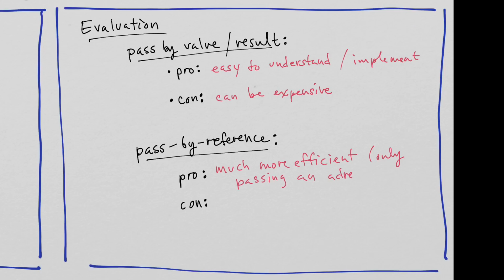A con is that it may be a little harder to reason about, because now if I pass a reference to my variable that I've got sitting around, I'm making changes to that variable elsewhere, and so it might be a little more difficult to understand how my program is evolving, especially because we've kind of broken referential transparency here.